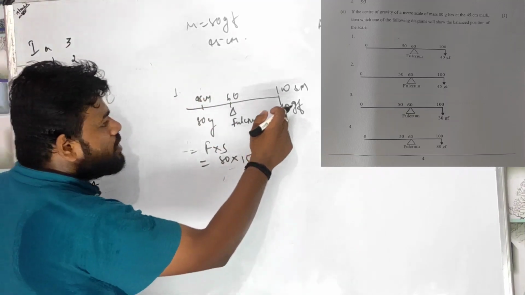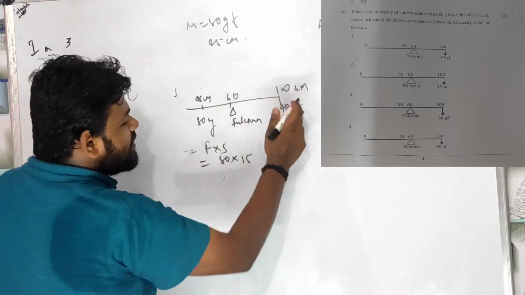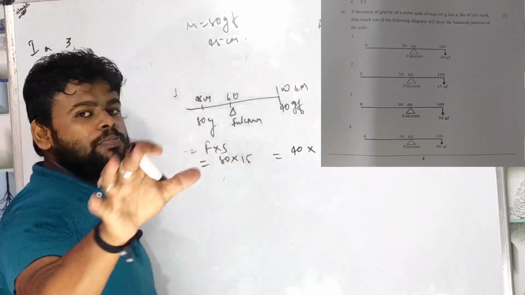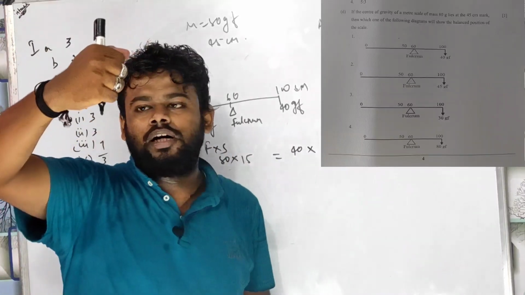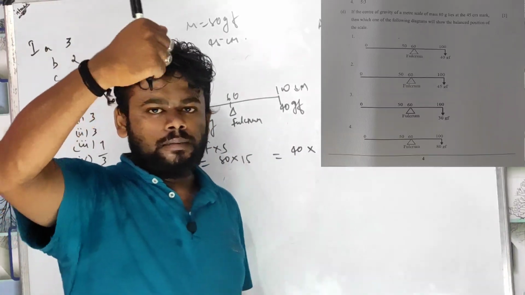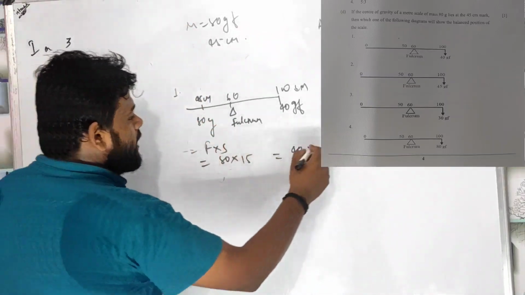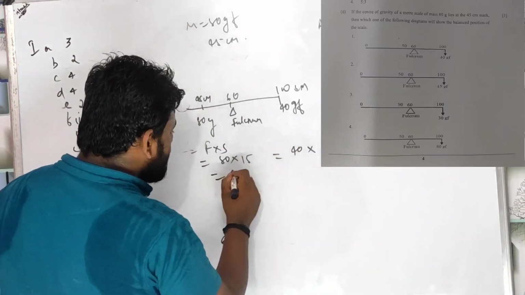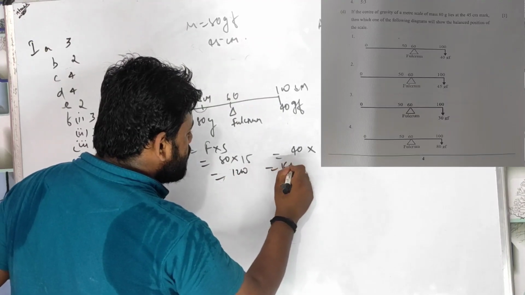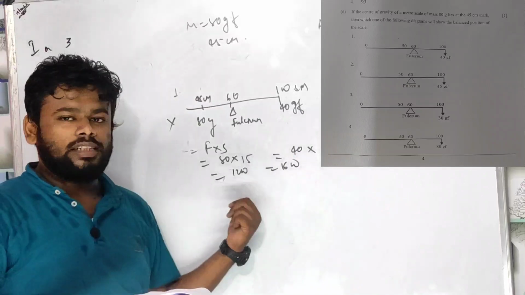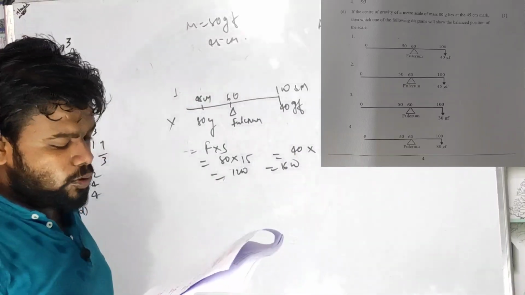And 80 gram force equals, on the other side, 60 minus 100 is 40, so 40 into 40. How will it remain equal on both sides in this way? So here we get 1200 and 1600. That means option 1 is incorrect. Both should be equal, right? So 1200 and 1600, no, it is incorrect.